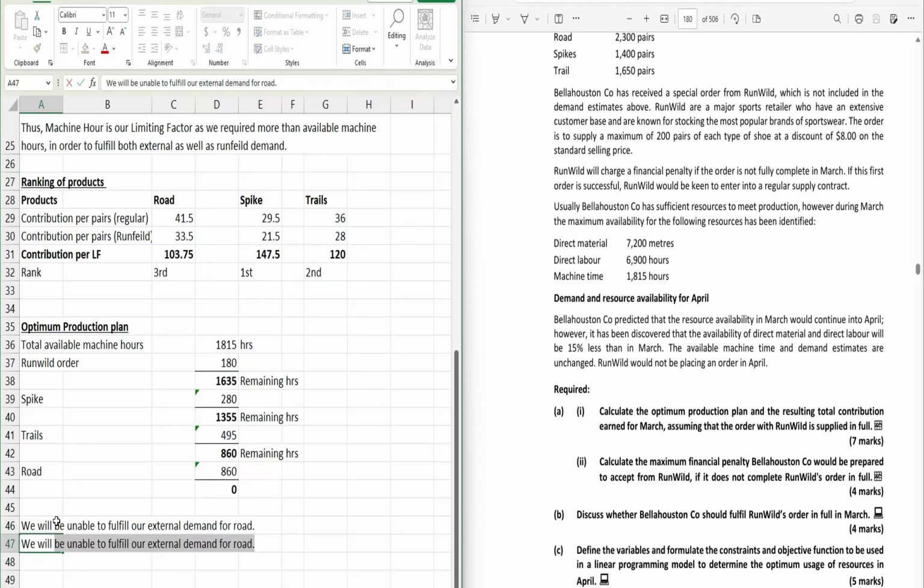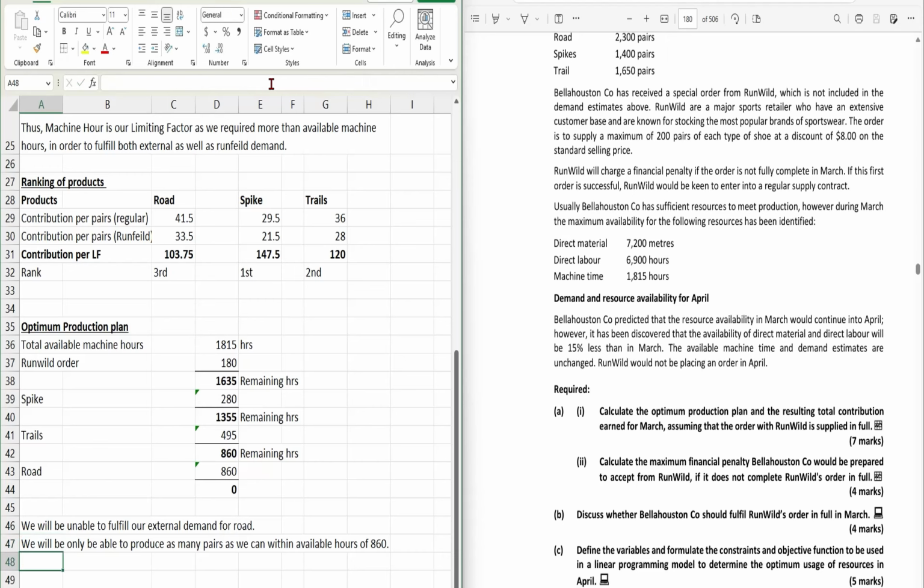We will only be able to produce as many pairs as we can within the available hours of 860.